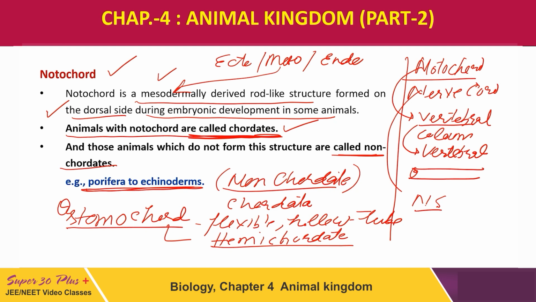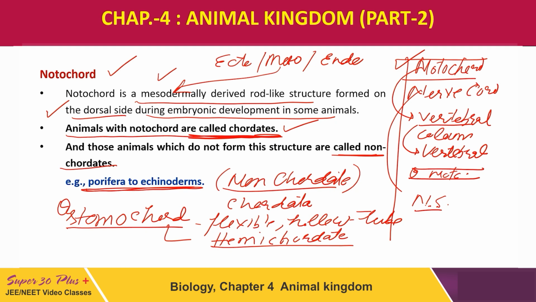So you should not confuse. Notochord is a supporting structure and part of the endoskeleton, while the nerve cord is part of the nervous system. Remember, very important question. Notochord is found on the dorsal side of the body, while the nerve cord is always ventral too.